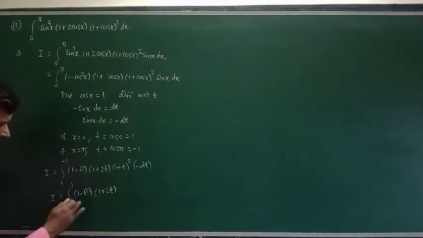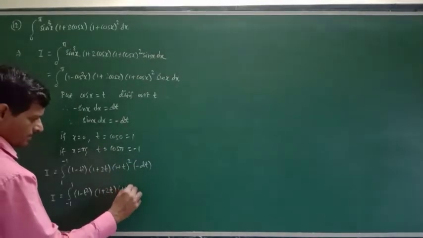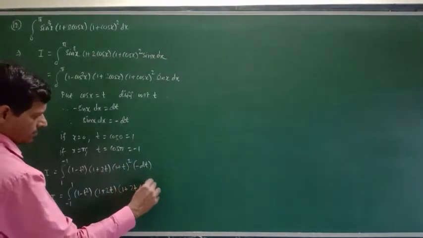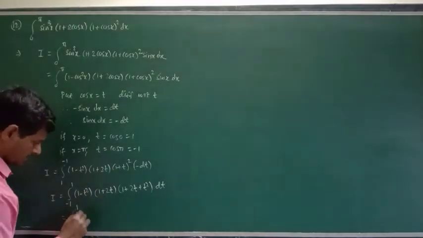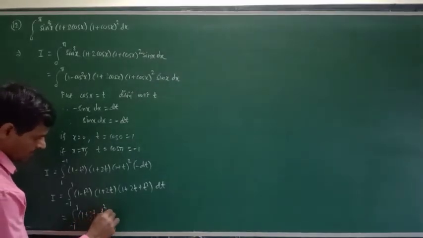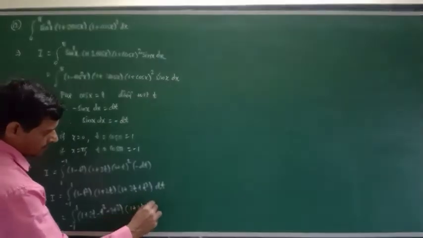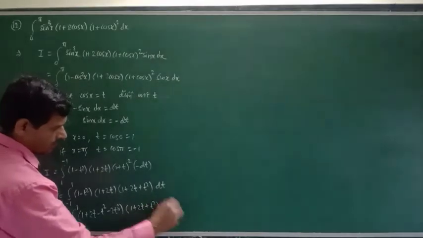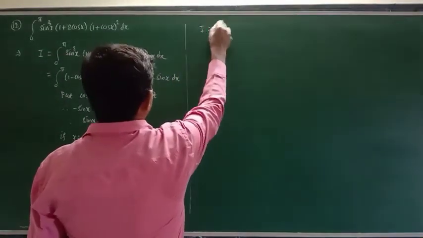I multiply these two brackets, and (1 + t) bracket square is 1 + 2t + t square into dt. So simplify multiplying these brackets. What do we get? (1 + 2t minus t square minus 2t cube) into (1 + 2t + t square) dt.